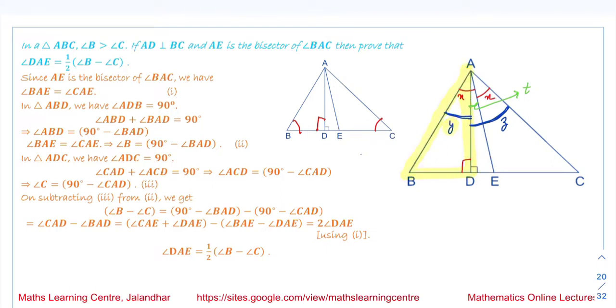I have this angle is y, this angle over here is 90 degrees. So the value of this angle B we have is 90 minus y degrees.